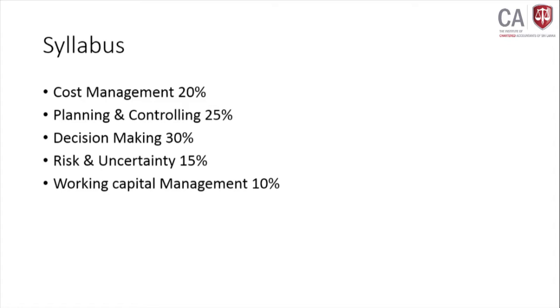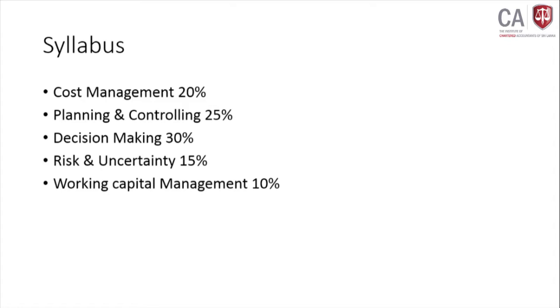Then decision making is more into short term and long term decision making areas. In the short term decision making, we would look at decision making techniques using relevant costing basis, and then some other short term decisions like make or buy decisions, then whether to accept or reject an order.